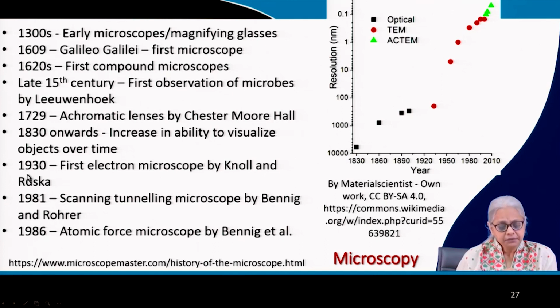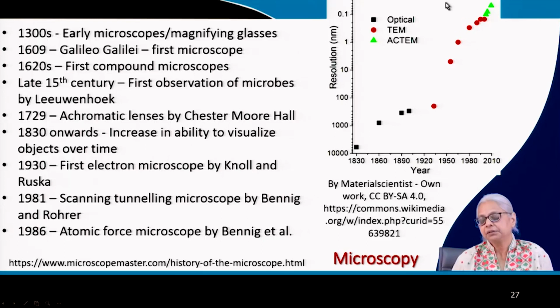Then comes 1930, when the first electron microscope was invented by Knoll and Ruska. In 1981, the scanning tunneling microscope was invented by Binnig and Rohrer, and in 1986, atomic force microscopes were invented by the same group of researchers.